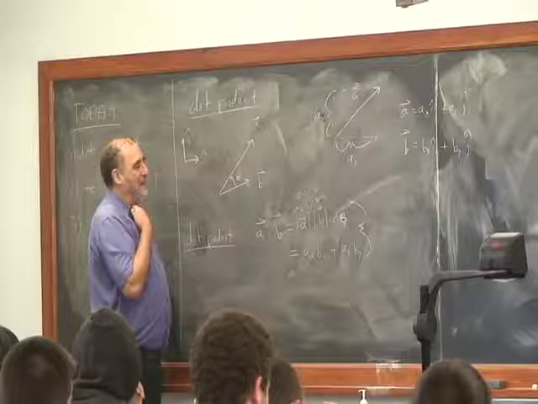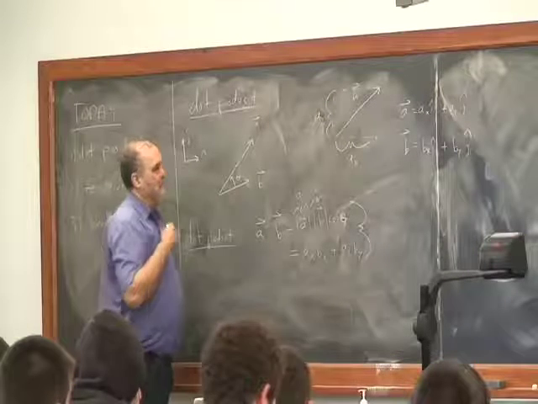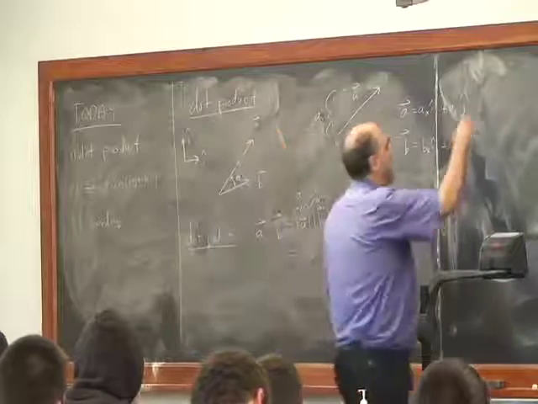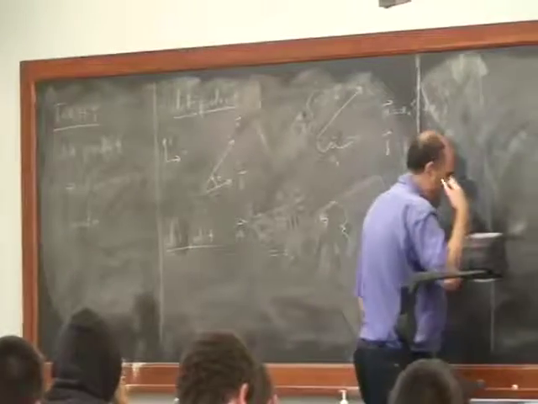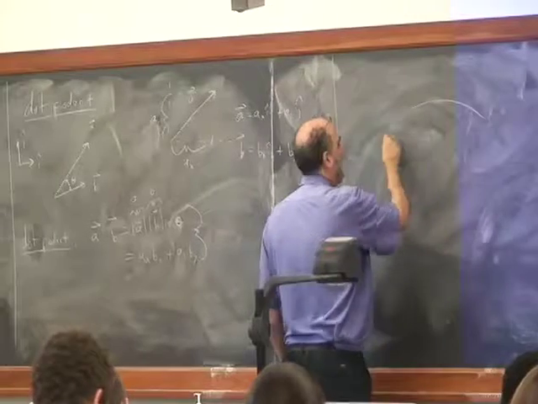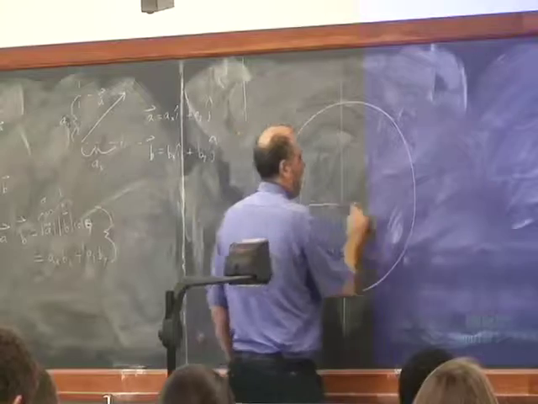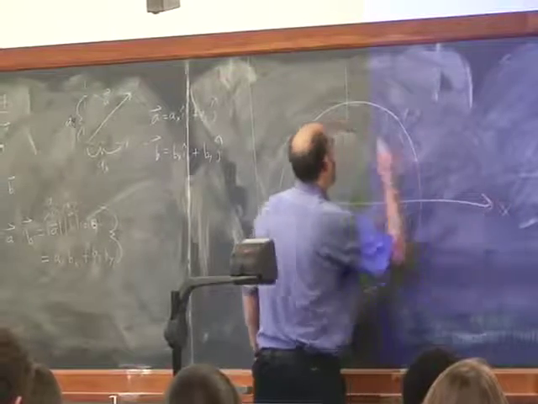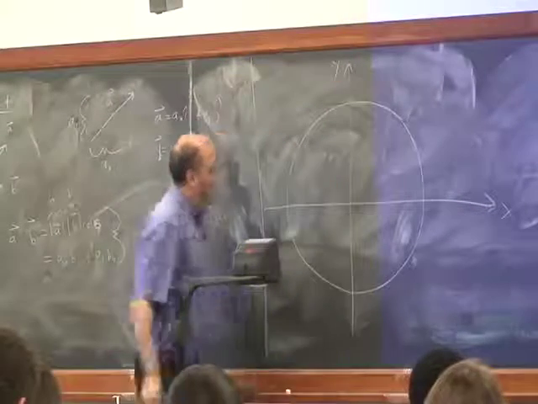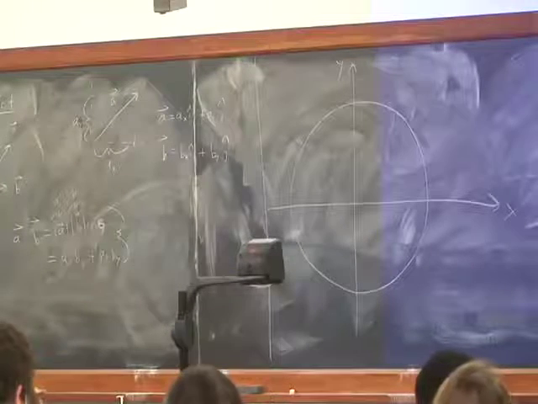Given that you know this, how can we get these cosine difference formulas? What you do is you draw a unit circle. That's one of the best circles I've ever drawn. Very good circle.